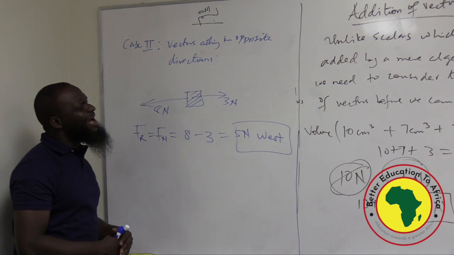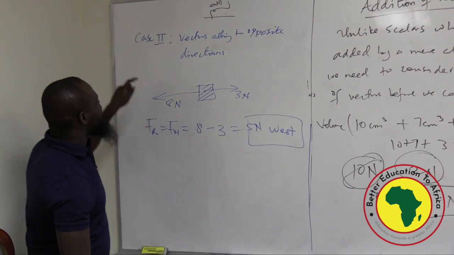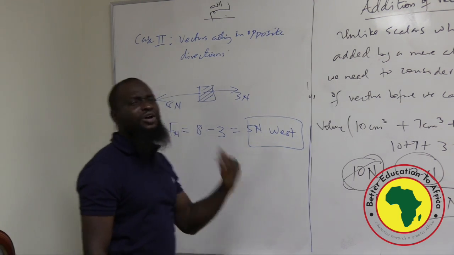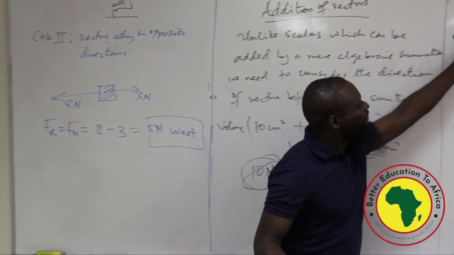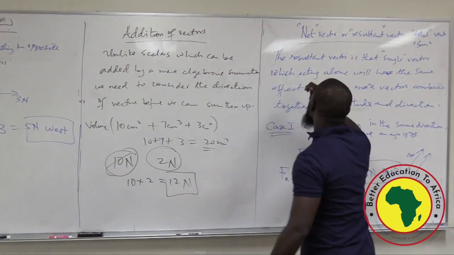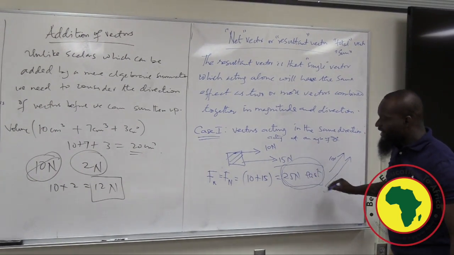Now, before I go to case number 3, I want us to use the result we have gotten for the net force of case 1 and case 2 to understand our definition of the net vector or the resultant vector. I said the net vector is that single vector, so it is one vector, as you can see in this case, 25 Newton east.